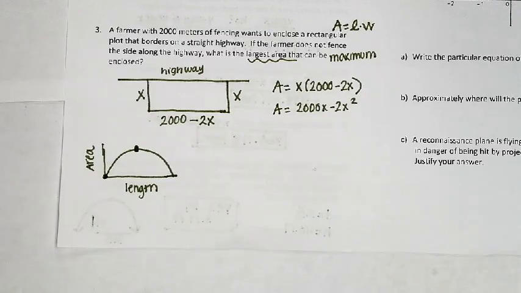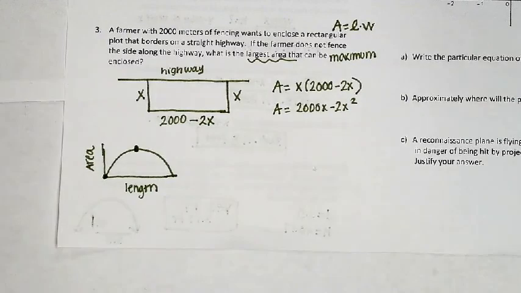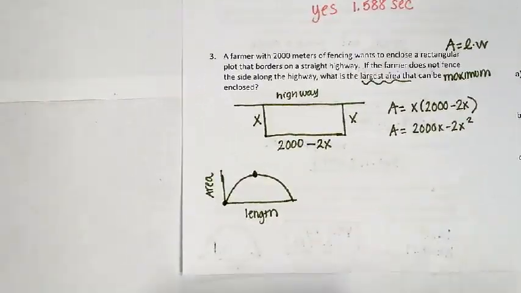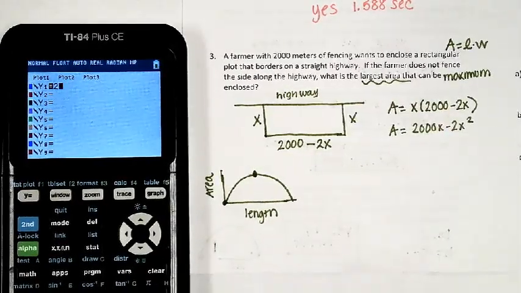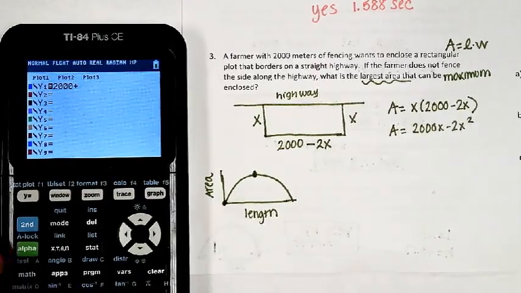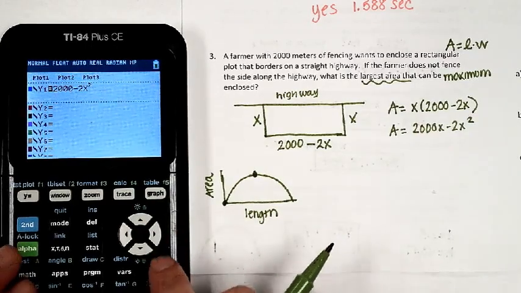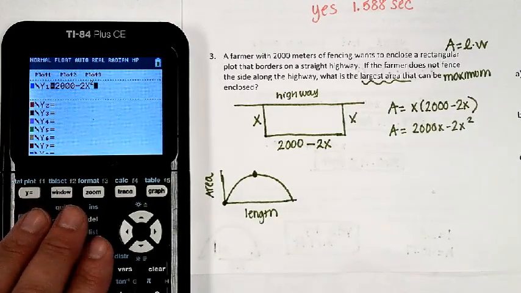All right, in your calculator, we're going to put this equation. I don't care which way you put it. Clear out that y2, you don't need it anymore. I'm going to hit zoom 0 and see how it fits on the graph.